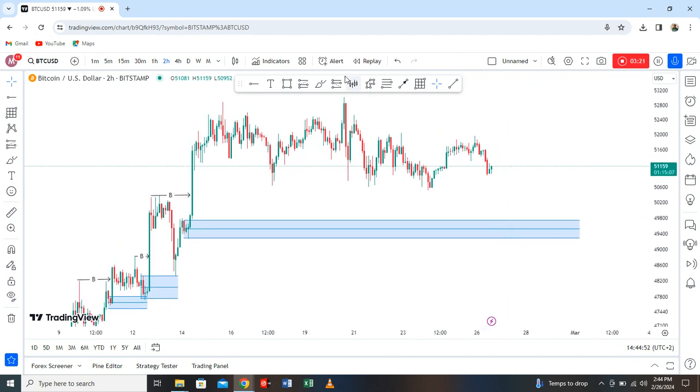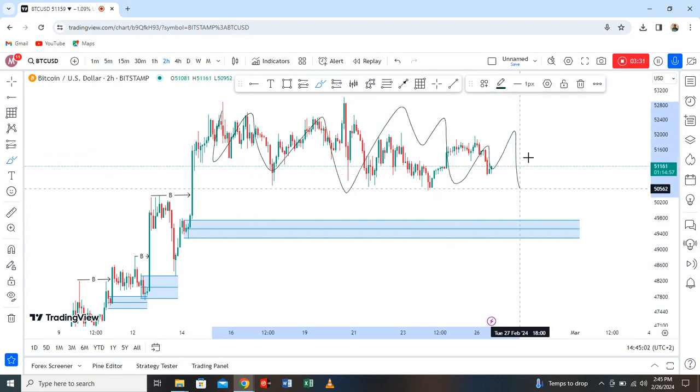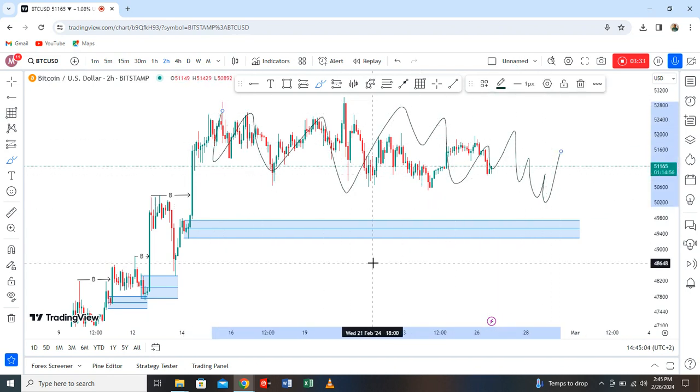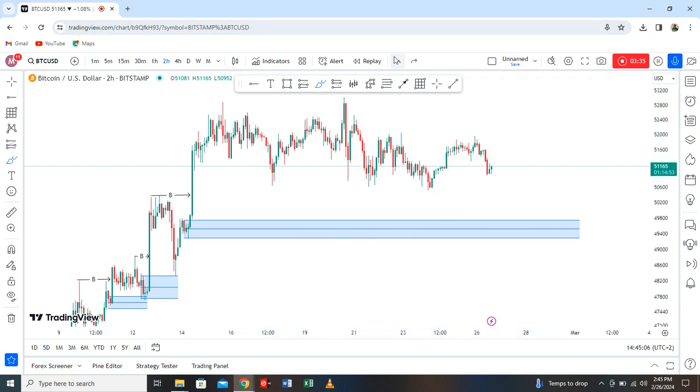Remember that we're in our continuation phase. So we need to look at the way in which the price is gonna come and mitigate this order block guys.